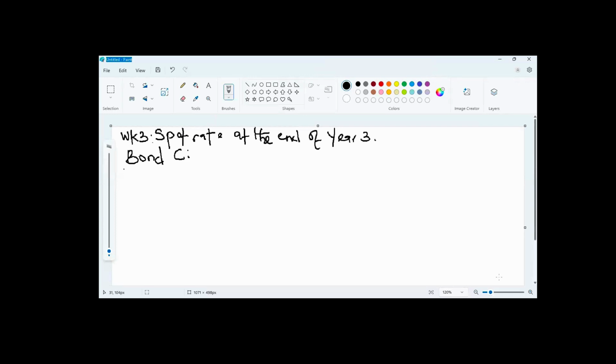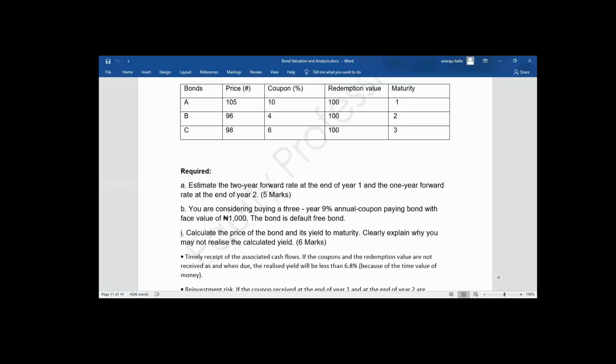Then I can itemize, we can save time here. The features of bond B: 3 years maturity. What is the coupon of bond B? The coupon is 6%.